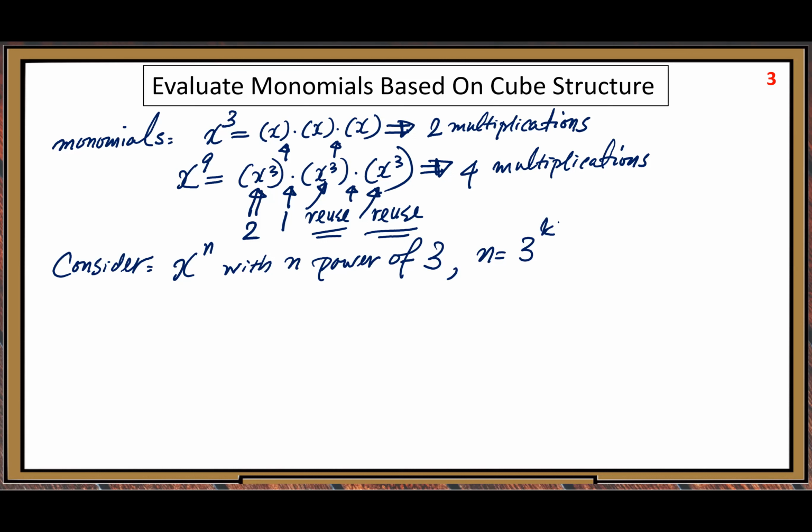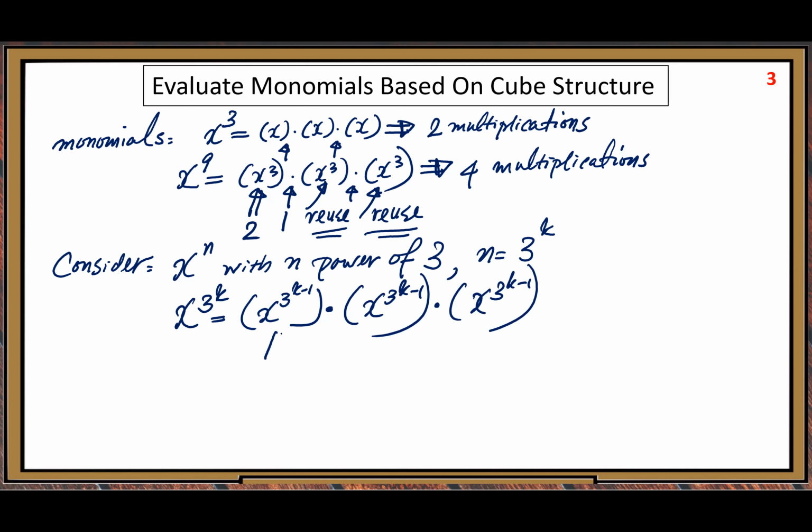Then x to the 3 to the kth is the first copy, x to the 3 to the k minus 1, times the second copy, times the third copy.